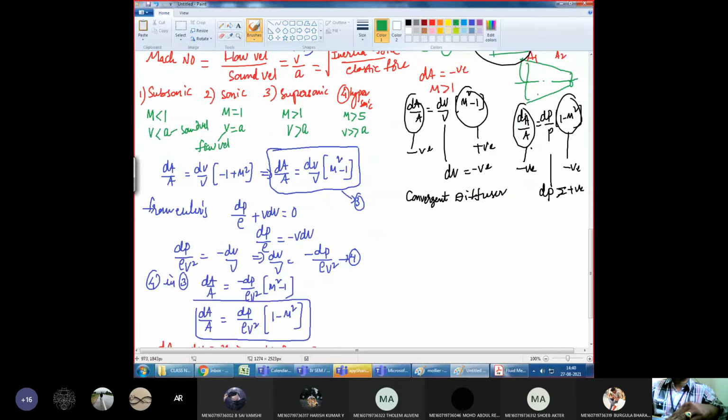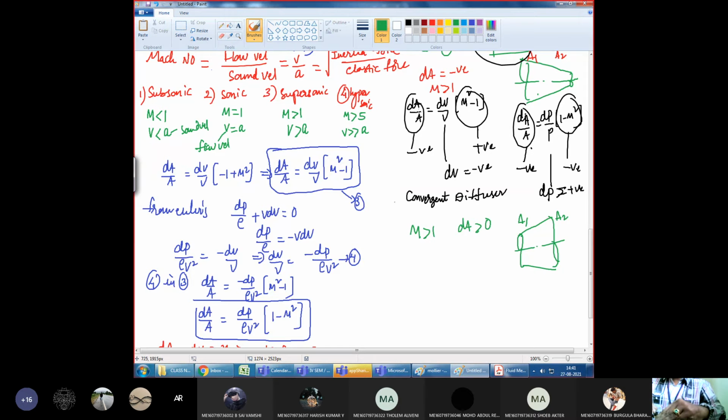Now we will see the second cross section. This is the second cross section, A1, A2, right? M is greater than 1. Now dA is also greater than 0.